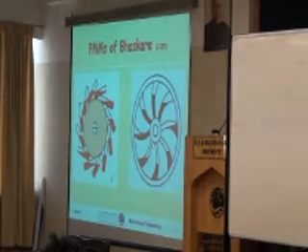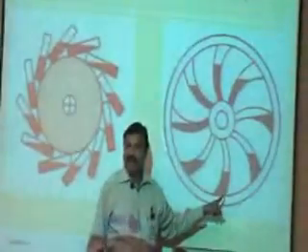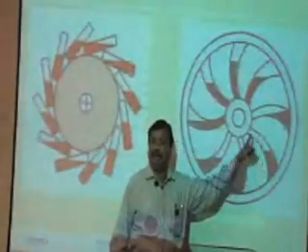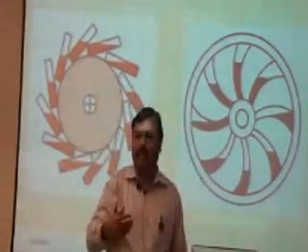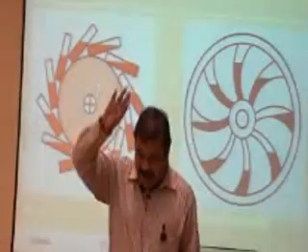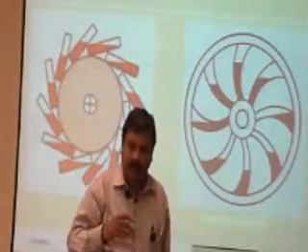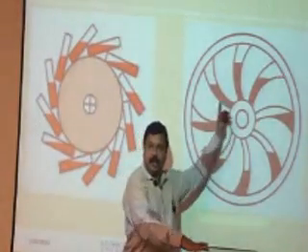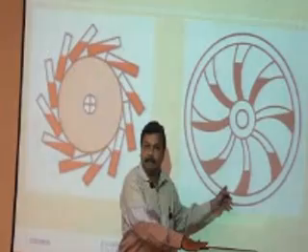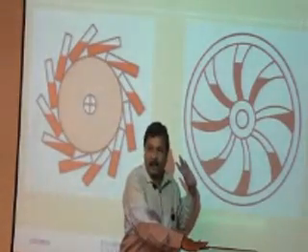Now, the wheel on the right has these cavities. These cavities are filled with liquids. Imagine first I give some motion to it. Now what happens? Because of the centrifugal force, the liquid will go to the periphery.